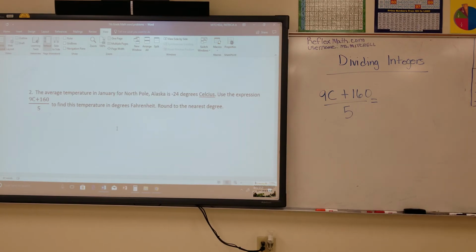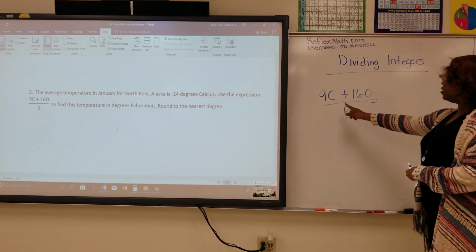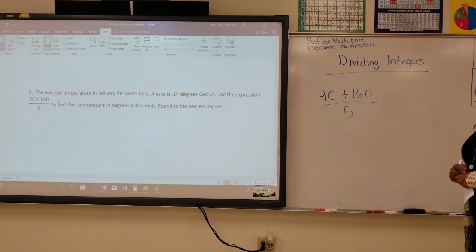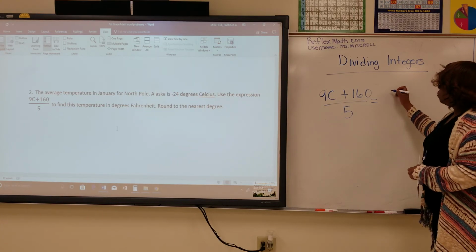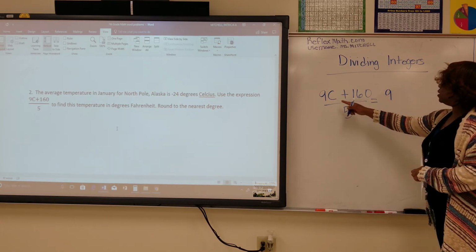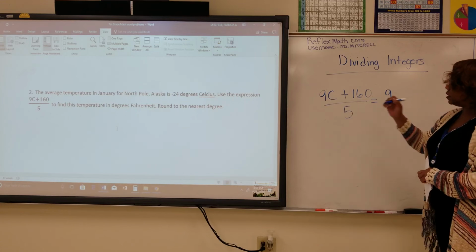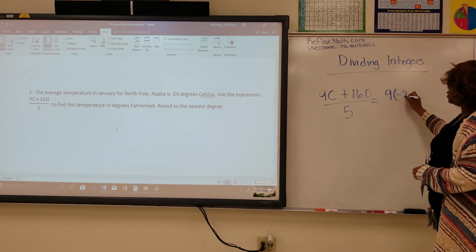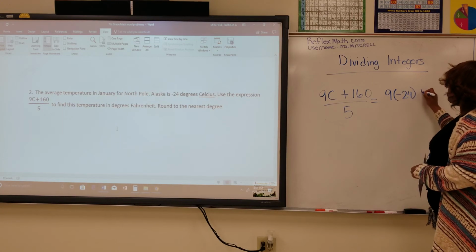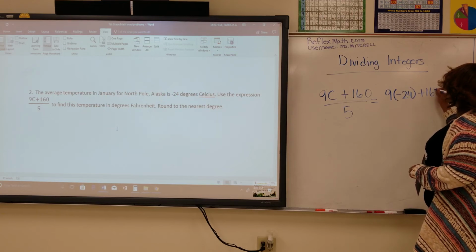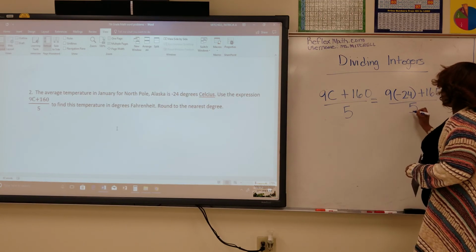And they said that in the North Pole, Alaska is negative 24 degrees Celsius. So our C stands for Celsius. So all we have to do is plug in the number. So we have 9 times negative 24 plus 160 divided by 5.